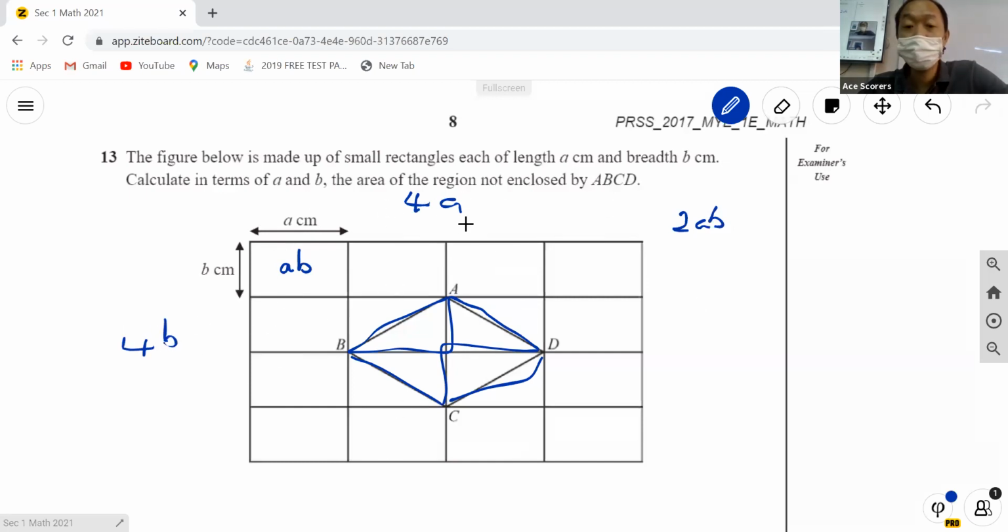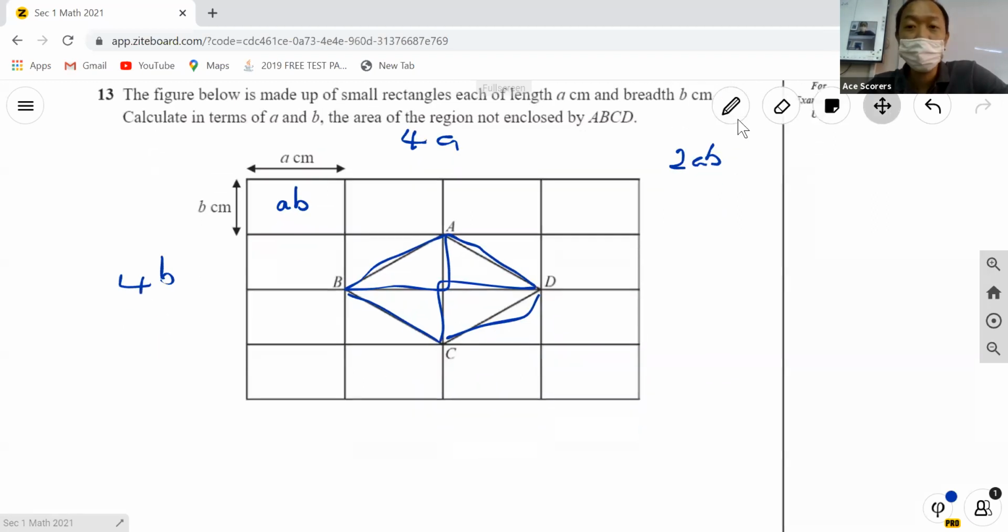What's the area of the whole thing? 4 times 4 is 16, so the entire area equals 16AB. The shaded region is 2AB.